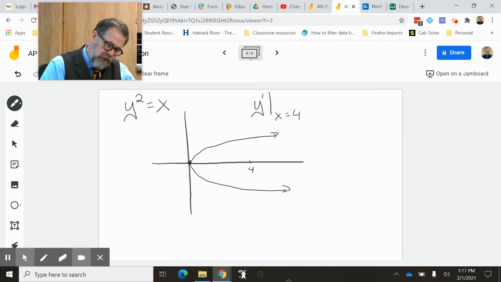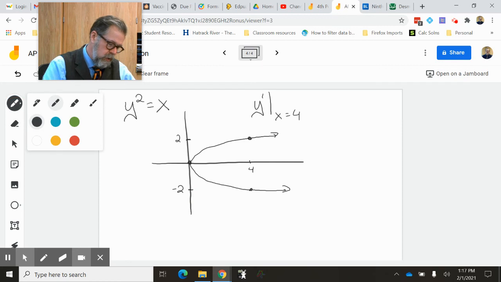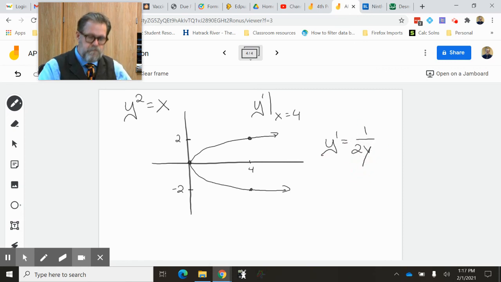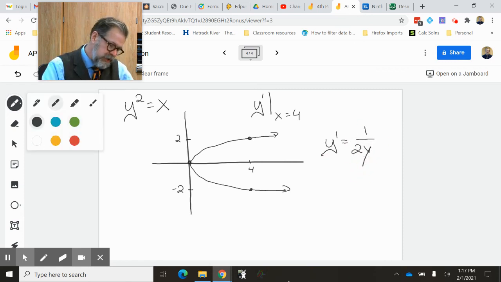So here's x equals 4. I know that something squared is 4, so there are 2 points on this graph. y could be equal to 2 or negative 2. I know that the derivative is 1 over 2y. So let's see what we get.